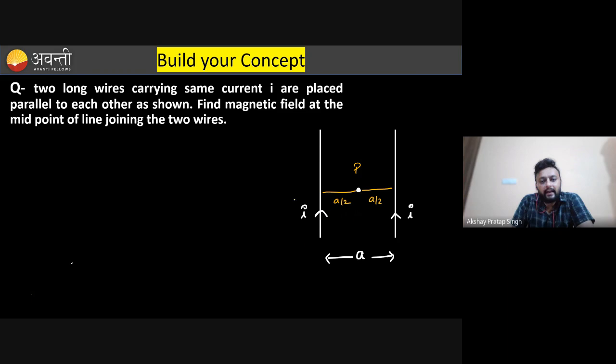Now, are these wires long? Let's suppose this is wire 1, this is wire 2. If these are two wires carrying the same current and the perpendicular distance is the same, the field will also be the same. So B1 is equal to B2. The magnitudes of the fields will be the same.